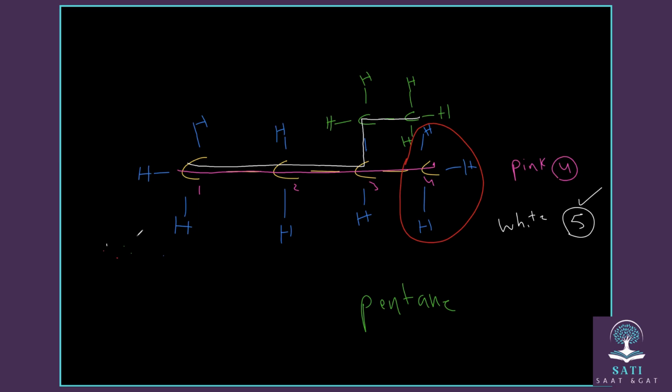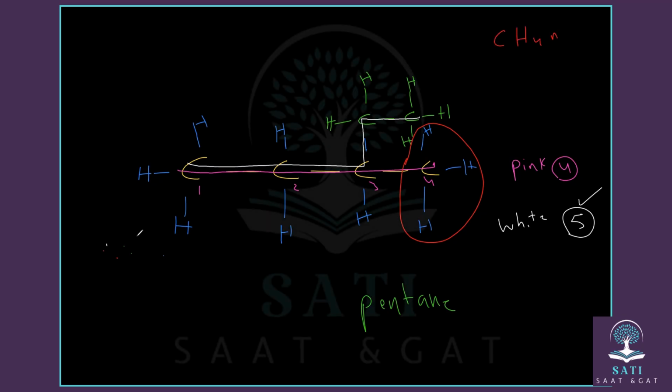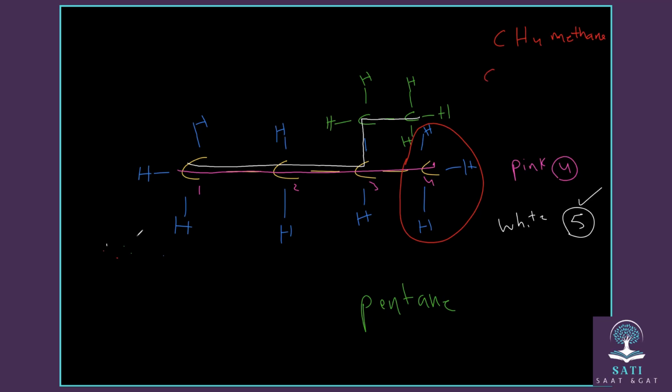That means it is methane, but it has only 3 hydrogens, not 4. If it has 4 hydrogens, it is methane, CH4. Memorize that. But if it has only CH3 and 1 bond like this, it is called an alkyl, and it is called methyl.